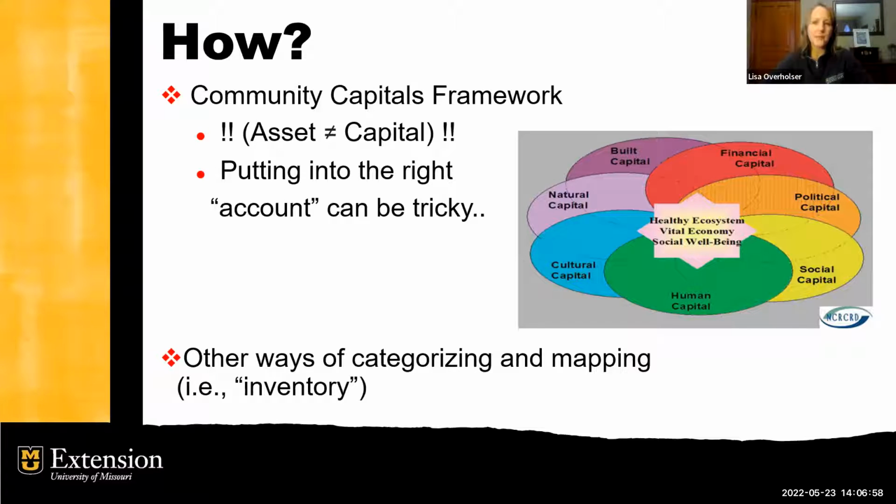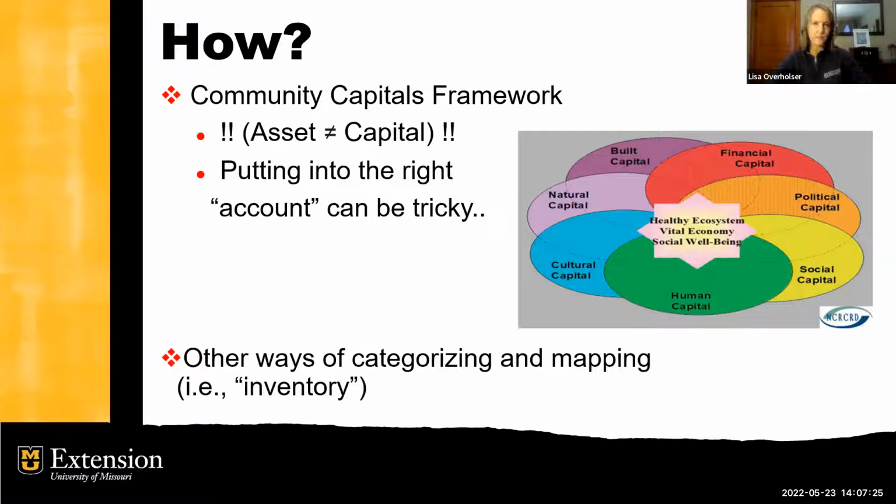So we conduct our asset mapping using this framework, and it can be a little bit tricky to use. I know I've learned a few things. The first thing I want to point out is it may be really subtle, but there's a difference between an asset and a capital. A lot of people use those interchangeably, and it's not necessarily something that can be interchanged.